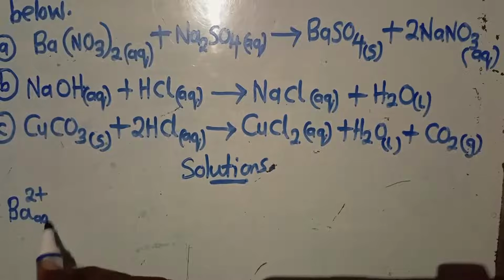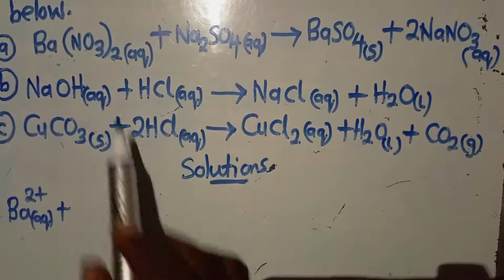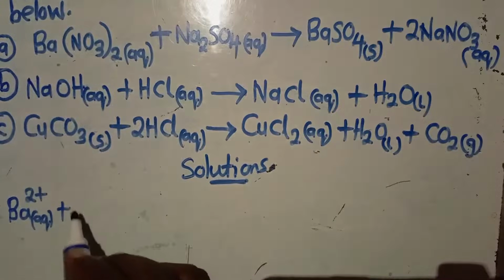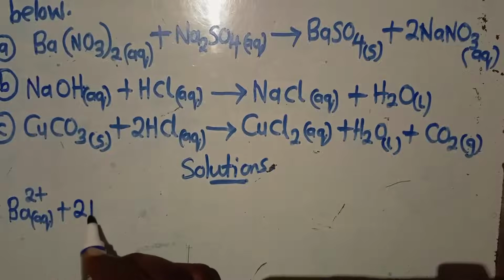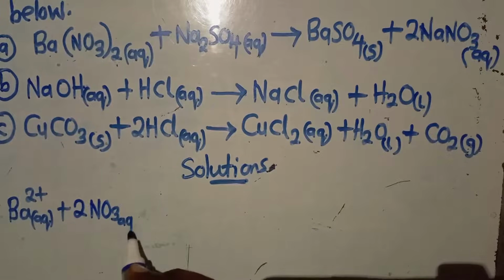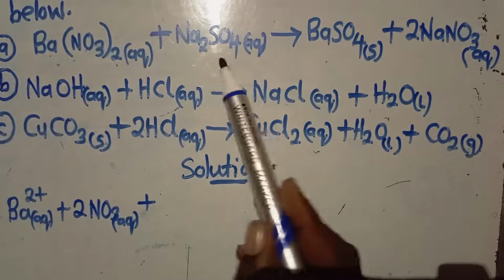This is in aqueous. I continue, I say plus. Since there is a 2 here, this 2 won't be down here, but it will go up there. I'm going to have 2 there. Then I put the nitrate there, and it is in aqueous. I continue, I say plus. I move to this other one.